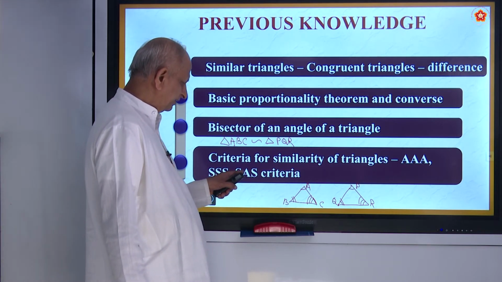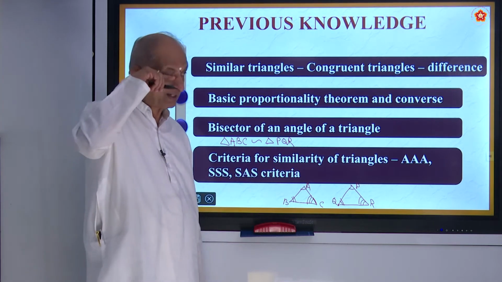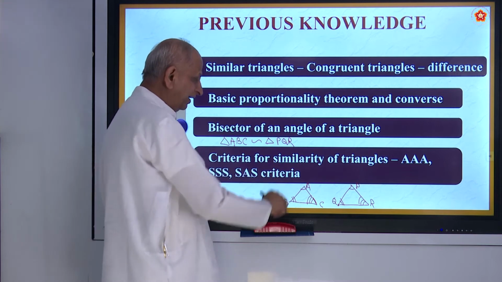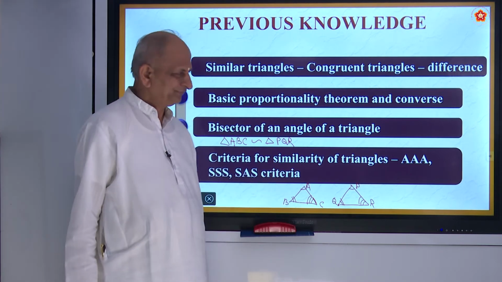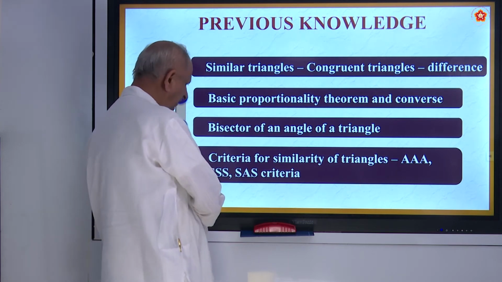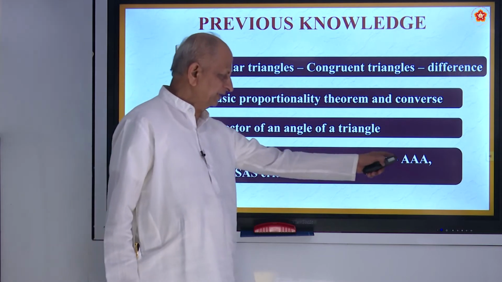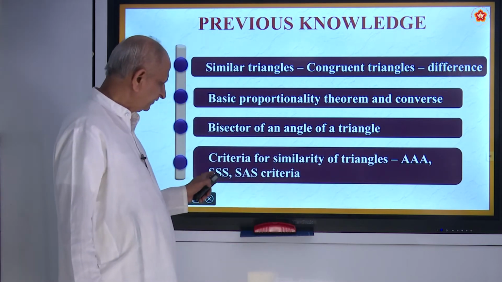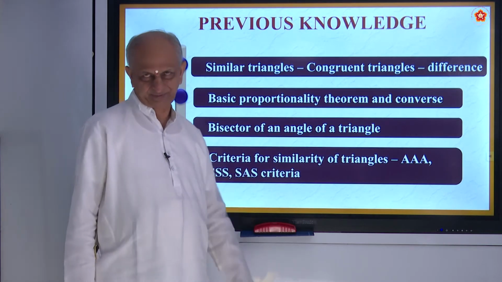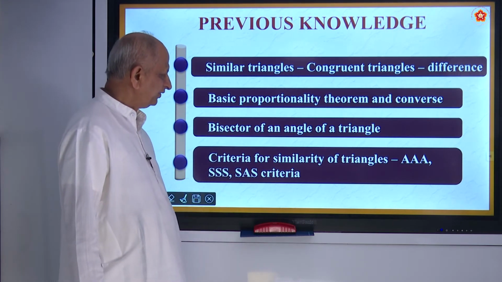S means side, A means angle, S means side, and that angle must be the included angle, not another angle. Then also we call them similar triangles. So don't forget AAA, SSS, SAS. So this is what we have already seen.